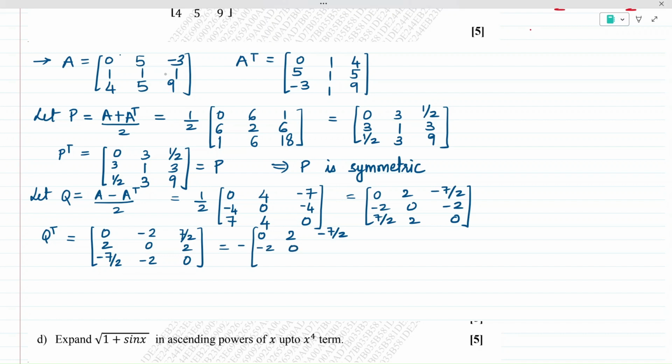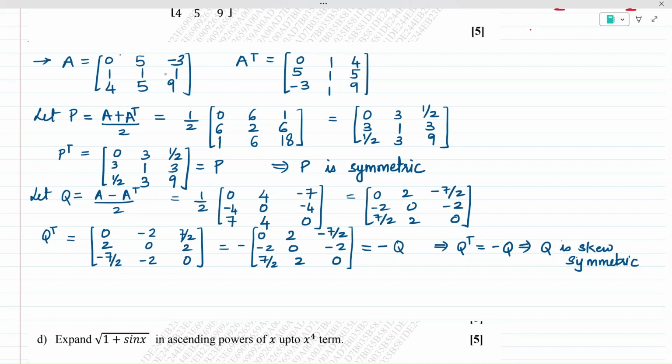Negative 2, 0 and negative 2 again. This will become positive, this will become positive and this will remain the same. Now observe the matrix which you just got, and there's already a minus sign. Is this equal to Q? So I have Q transpose is negative Q, which means this Q is skew symmetric. This Q which we got is skew symmetric.